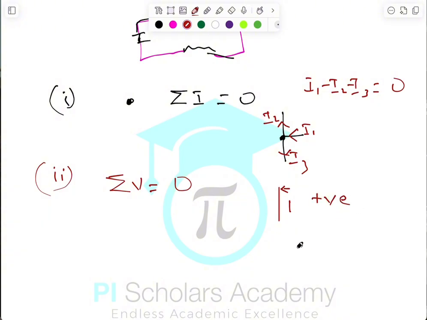But if your arrow is drawn such that you are moving from the positive terminal to the negative, I'm talking about right in between the positive and negative terminal, then your value of voltage is going to be negative. Of course, I will explain this using an actual example.